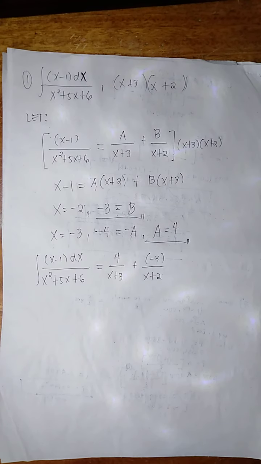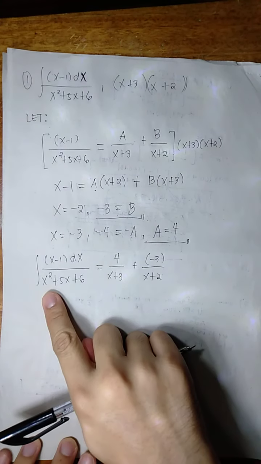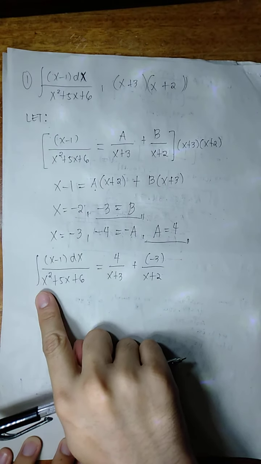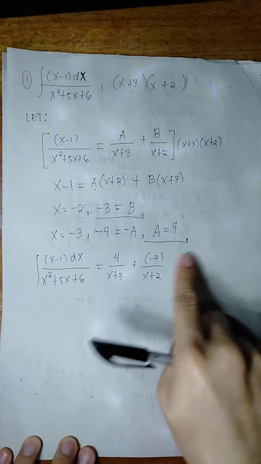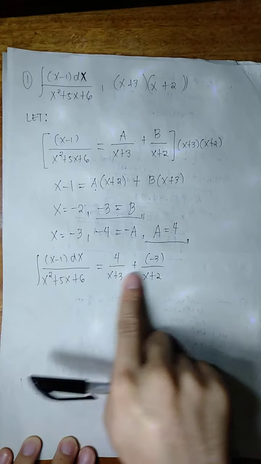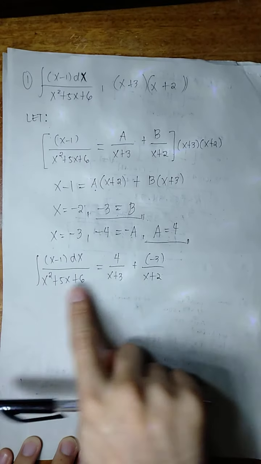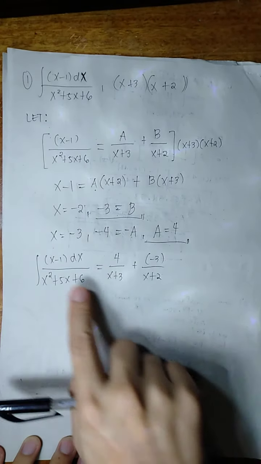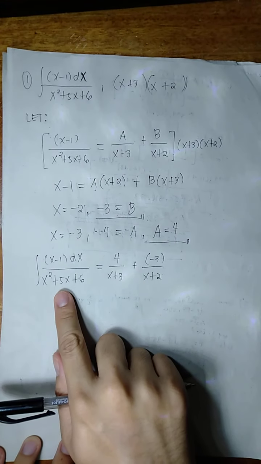Then what's next? We can place the integral sign on these two, or distribute the integral sign since they're the same. This is the partial fraction breakdown.